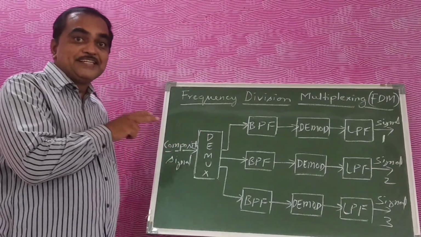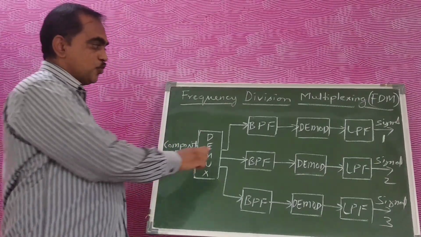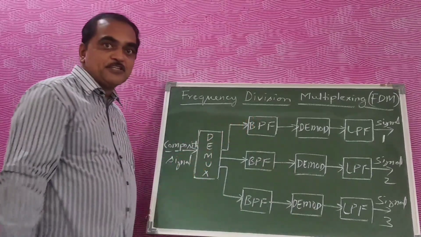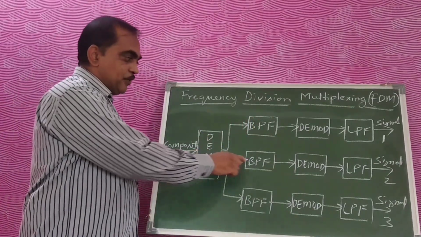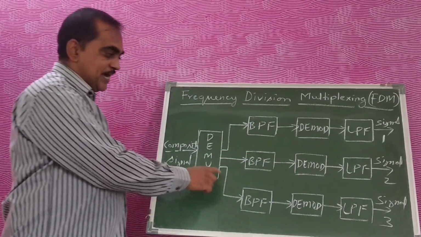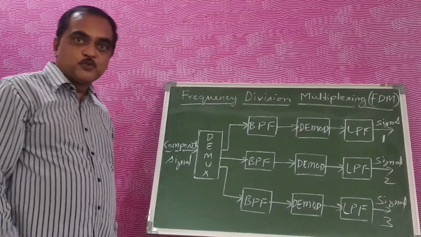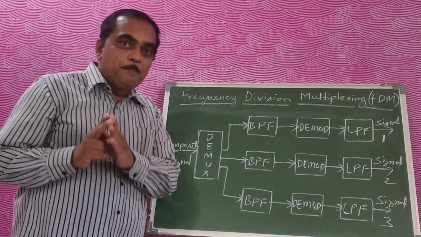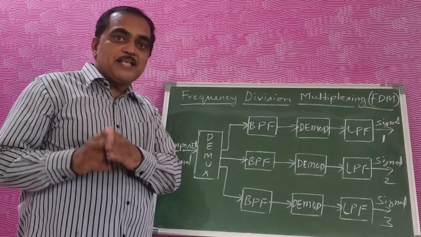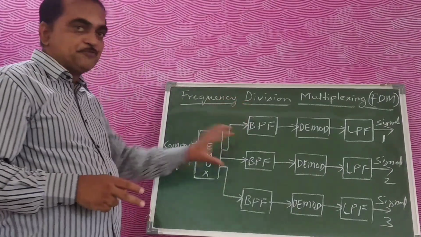The first one will go to the first bandpass filter, the second to the second bandpass filter, and the third to the third bandpass filter. These bandpass filters will pass the proper pass bands.